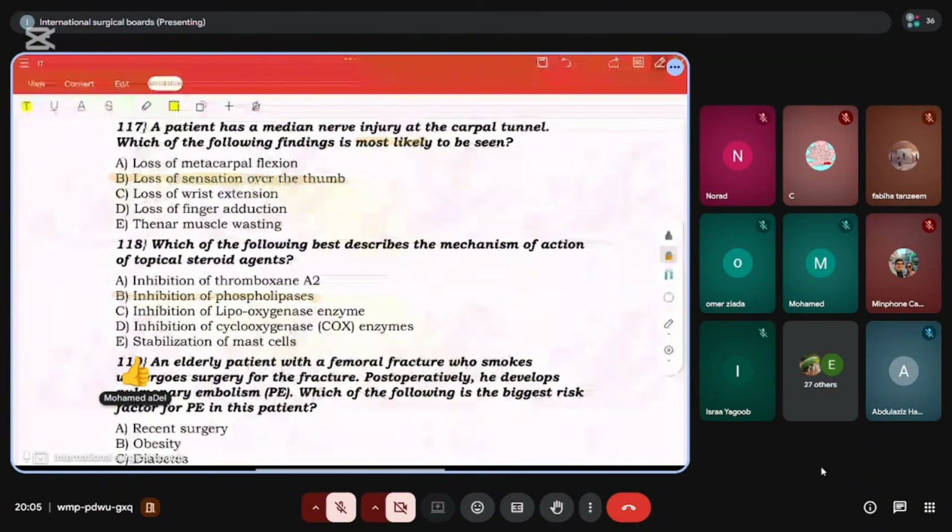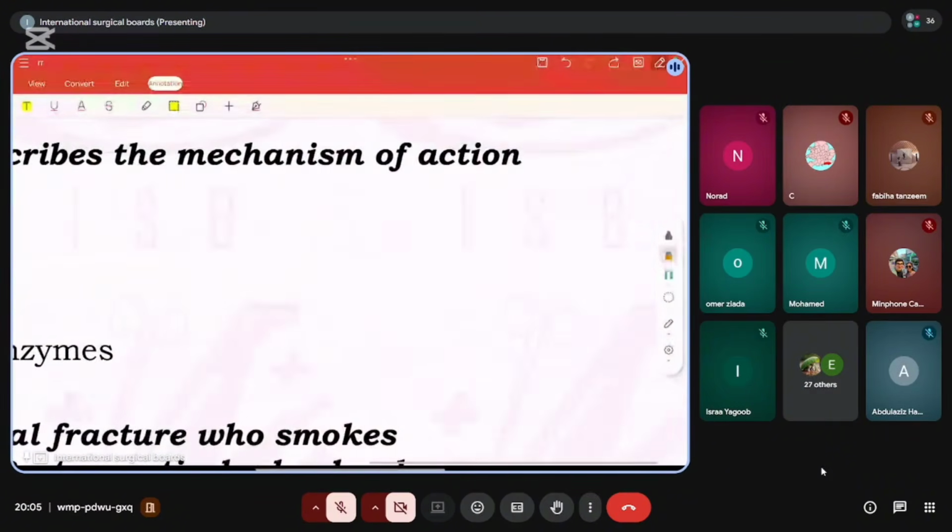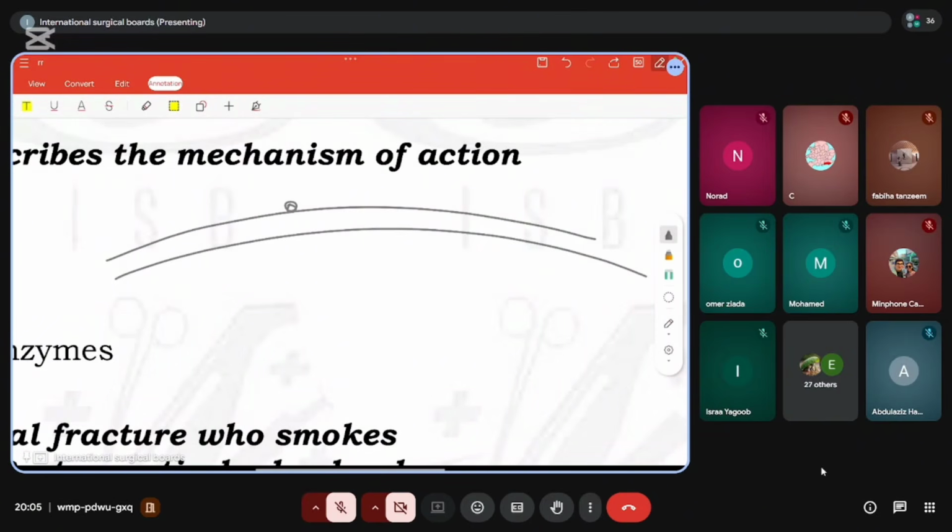Okay? So about that question, how steroids work is so simple. What happens is that this is the plasma membrane that has phospholipids. One of the important phospholipids present is arachidonic acid.